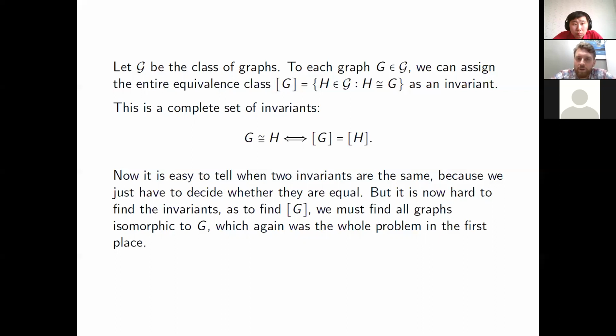But now the computation of the invariant is very hard. If I give you a graph G, to find the equivalence class you'd have to find all the graphs that are isomorphic to G. So again you have to decide whether things are isomorphic, and I haven't simplified anything. To compute the invariant, you have to solve the problem I wanted to solve. So this is a case where the computation of the invariant is the thing that's very complicated.